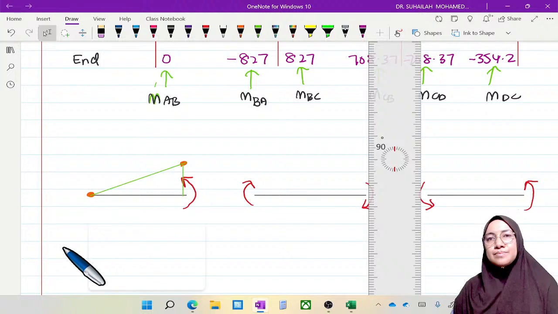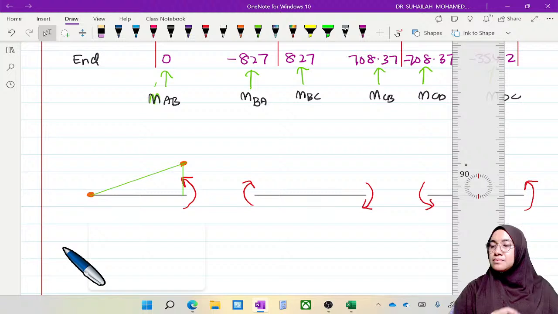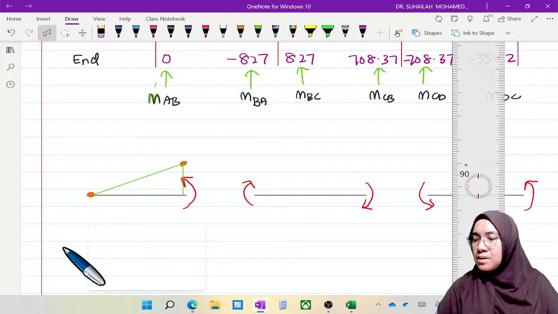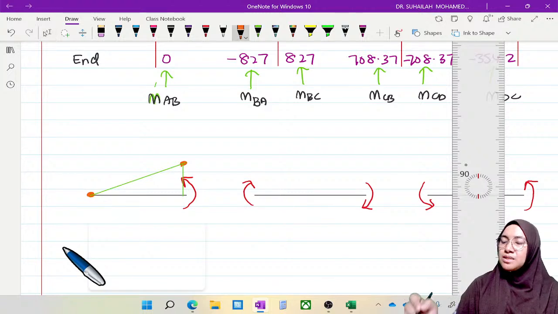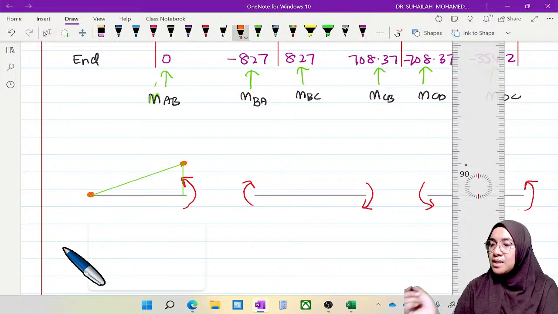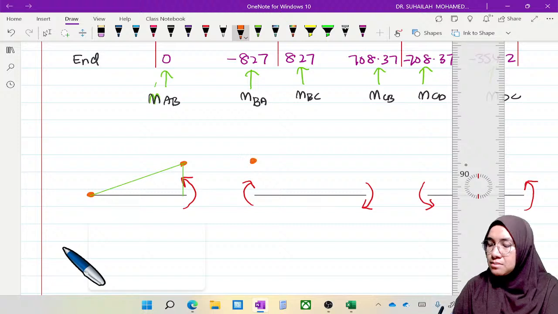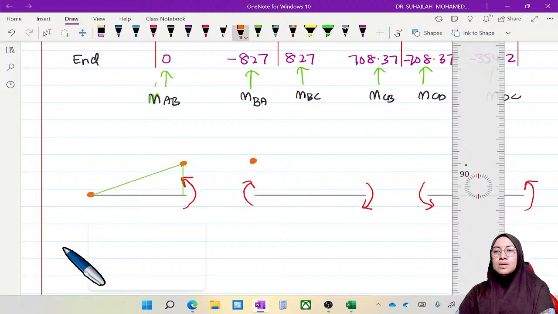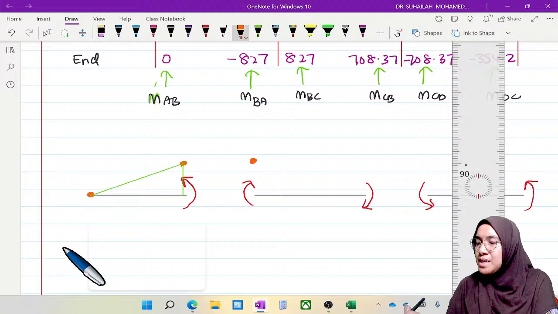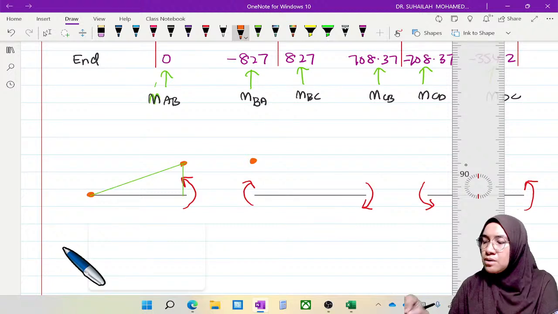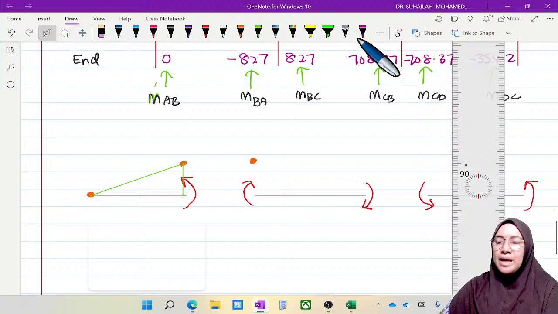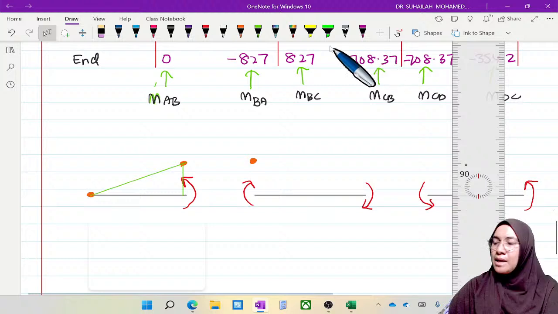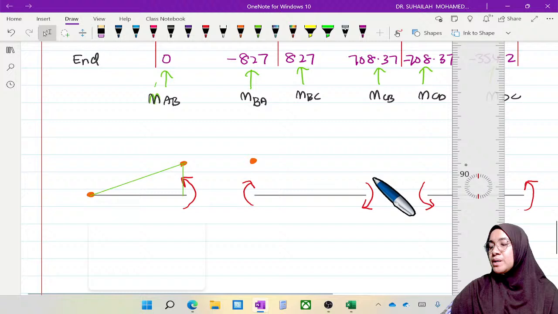Okay, the position to represent positive 827, by just looking at the arrow, we know that the point is located here. And for MCB, 708.37, by looking at the arrow, the position is located here.